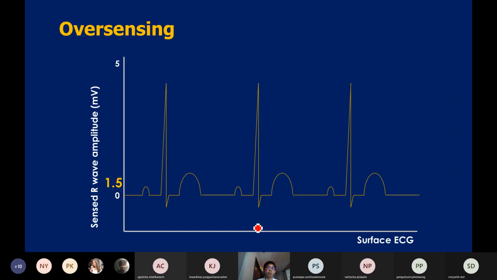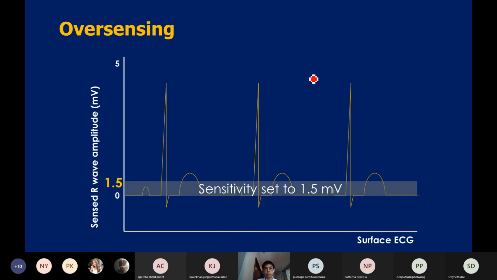So this is another term. It's called oversensing. This is the intrinsic rhythm of the patient, in which the R wave amplitude is around 4. We set the sensing threshold at 1.5, which is quite low.